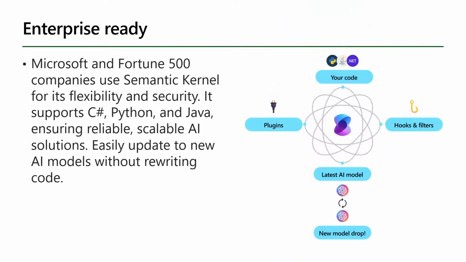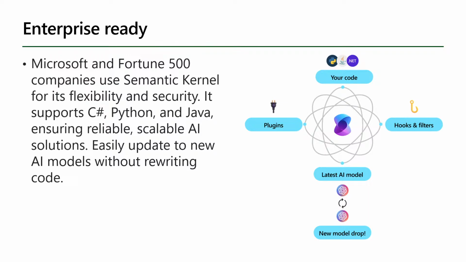Okay. So Semantic Kernel is currently used by Microsoft and some of the Fortune 500 companies. Why? Because it's modular and flexible, and it helps you easily utilize these AI services without worrying about the complexities of the libraries. It also supports some utility features for us.